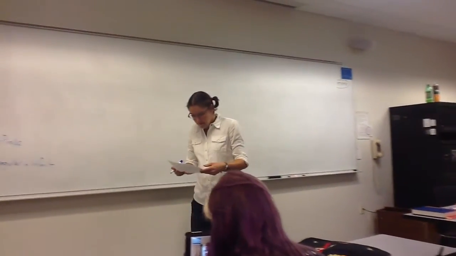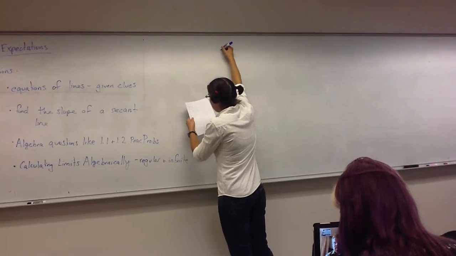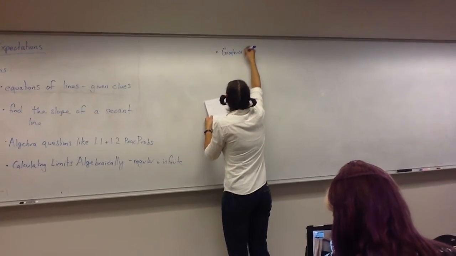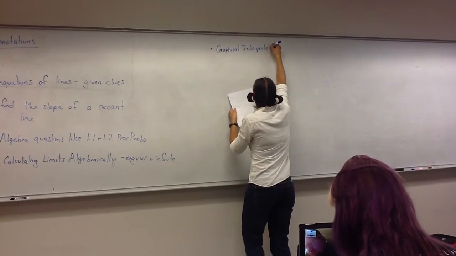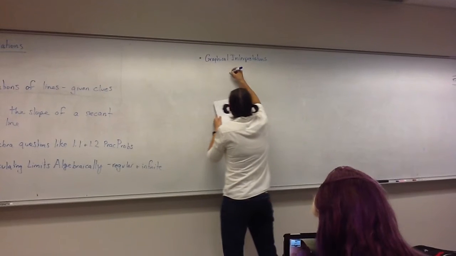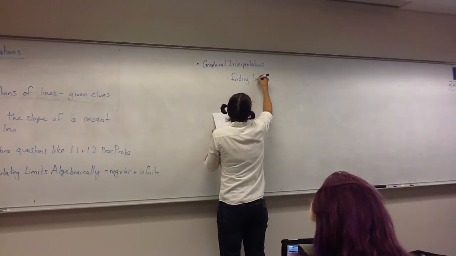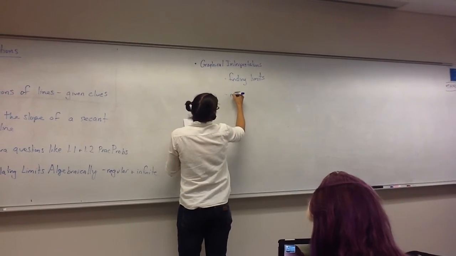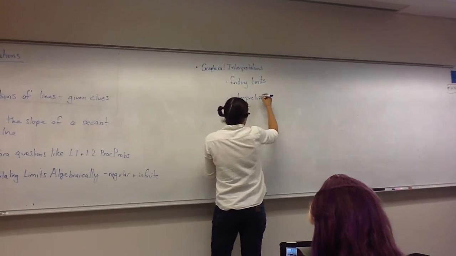Okay, so other things that you might have besides calculations on this exam, you might have some graphical interpretations. So things such as finding limits by looking at a graph, and things such as interpreting what a graph is saying.